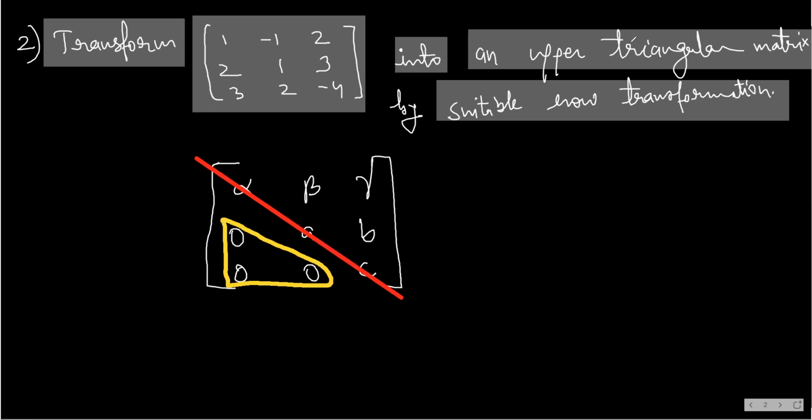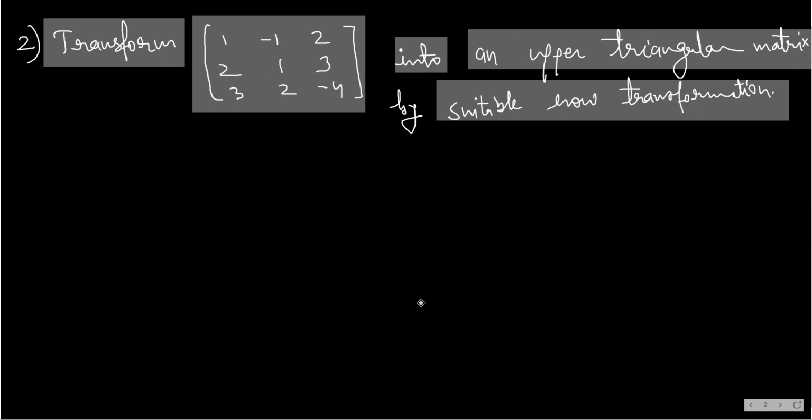So you call such a matrix an upper triangular matrix. So that is what the question here is. They want you to get an upper triangular matrix from this matrix.